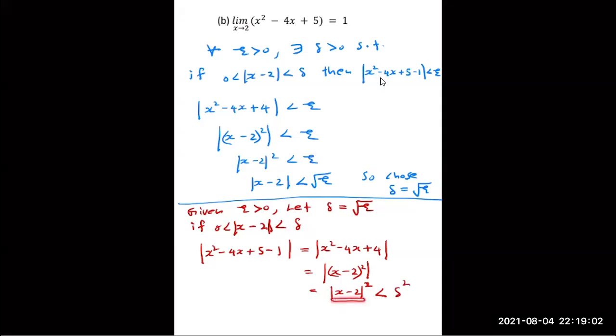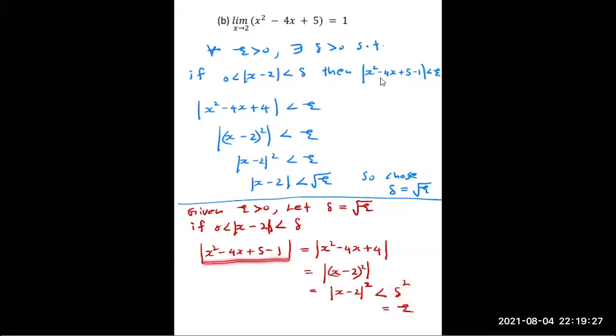Remember, the absolute value of x minus 2 is less than delta. So if I replace this by delta, I get a bigger quantity. But my delta is square root of epsilon. I can replace this delta by square root of epsilon. That is going to be epsilon then, right? Because if you take the square of the square root of epsilon, that should be epsilon. That's exactly what I want.